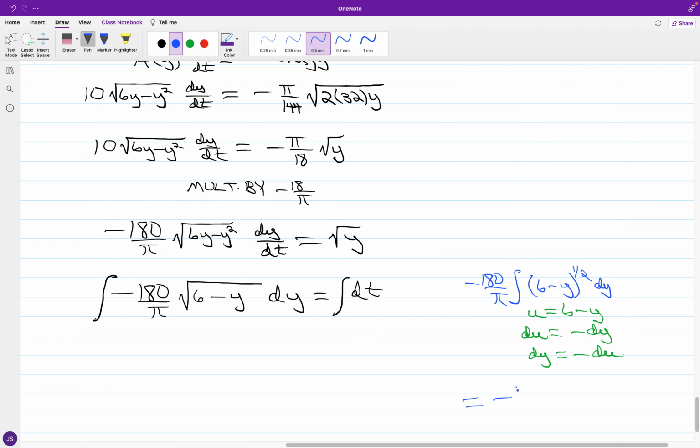So we have negative 180 over pi times the integral. Here we have u to the 1/2 and again times the negative of du. And guess what? Negatives will cancel out here.